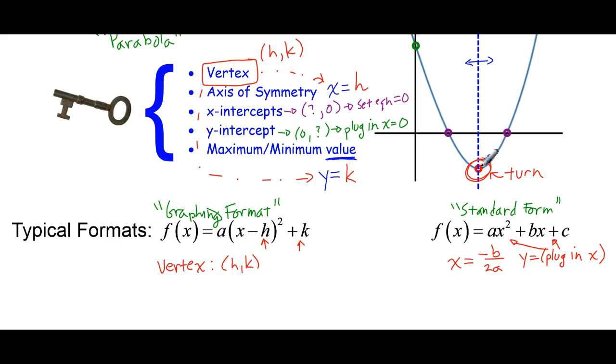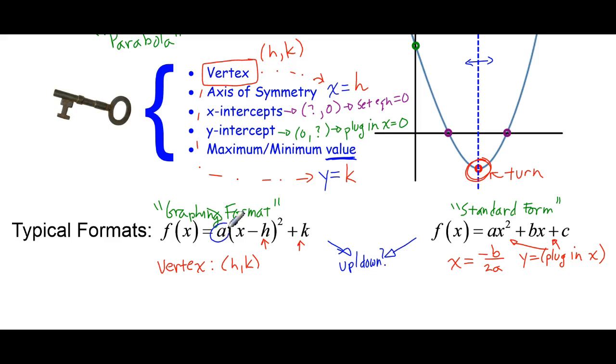Once you know where the vertex is, the next thing that you want to know is whether the graph curves up, like the example I have on the screen here, or whether it curves downward, which is also a possibility. And there's a really quick and easy way to tell whether it curves up or down, and it's the same whether you're in graphing format or standard form. In either case, if you want to know up versus down, it all boils down to the letter a.